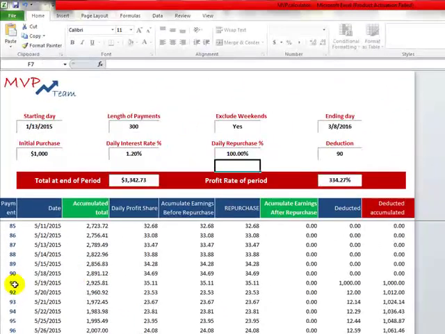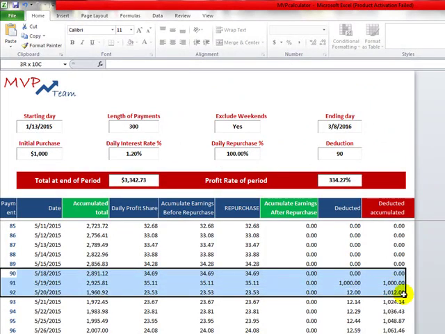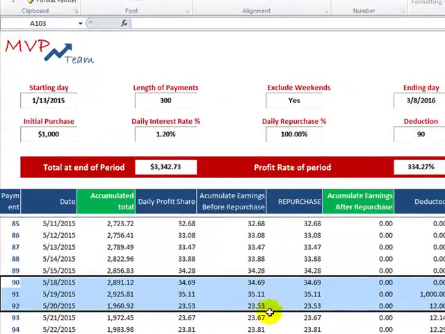Where's the 90th payment? Right here. You're close to tripling your money, but once the deduction comes off, you're close to doubling your money.